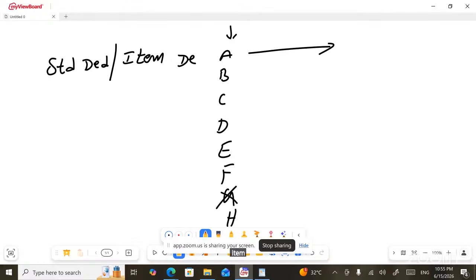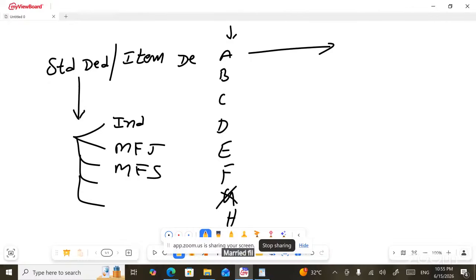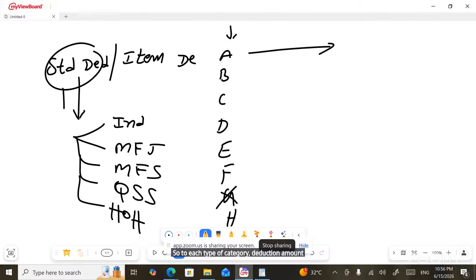This standard deduction is fixed. Actually, taxpayers are divided into 5 types, as I already told you. One is individual. Second is married filing jointly, married filing separately, qualified surviving spouse, and head of household. So, for each category, the deduction amount changes.